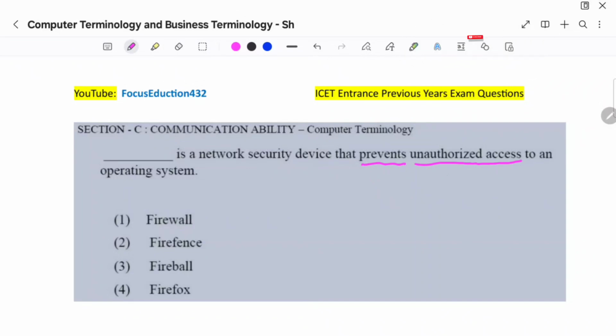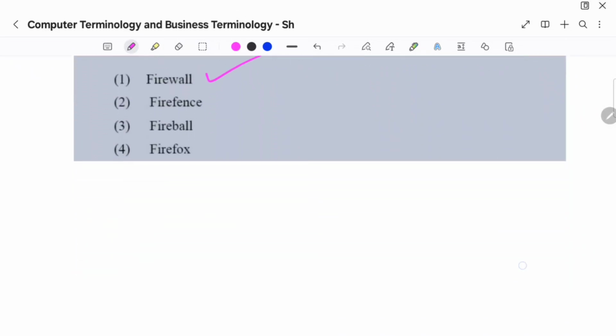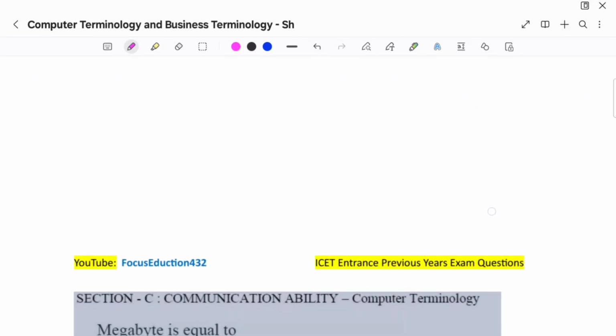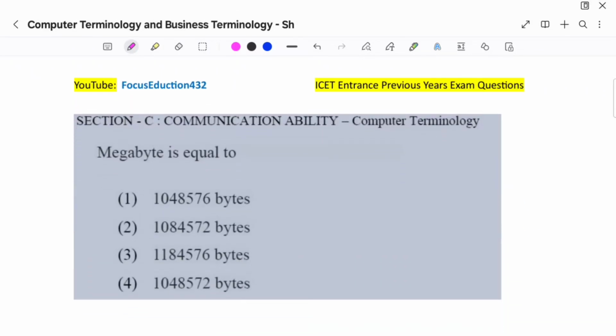The correct answer here is firewall. Firewall is a network security device that prevents unauthorized access to an operating system. An example of an operating system is Windows, very famous in computers. In mobiles you have Android, somewhat popular.